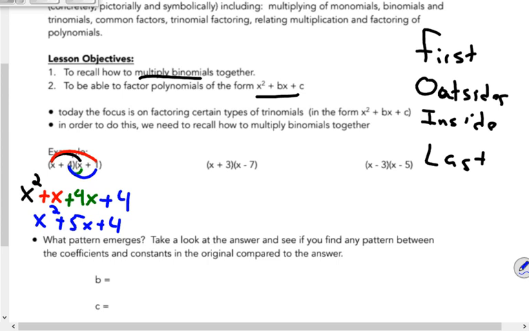Questions about that? I got any of those numbers? Yeah, what's x plus 4x? 5x. These middle two terms are always going to be able to add together. Okay? Let's try another one.